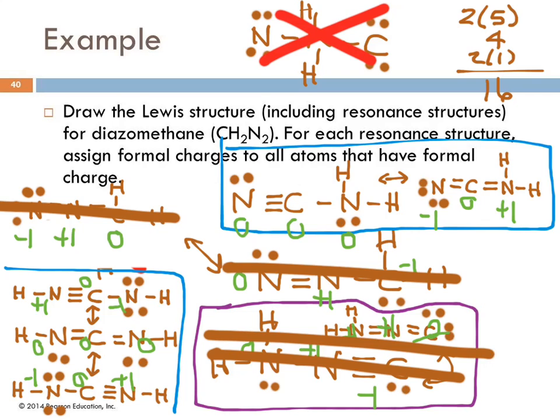But the exercise here is doing formal charges. We can see that this one and this one, in terms of formal charges, are pretty comparable. Here we've got the same low numbers, 1s and 0s. The +1 and the -1 are both on the nitrogens in these two and in this one, so we can't really say this one has the negative charge on the more electronegative atom, and so that one's better. So it's pretty much a wash comparing those. But we got a lot of practice with the formal charges, right?